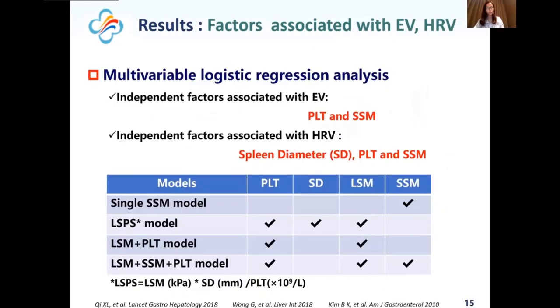In logistic regression analysis, we found that platelet and SSM were independent factors associated with varices, while spleen diameter, PLT, and SSM were independent factors associated with HRV. So we decided to build these 4 models, including the single SSM model, the LSPS model, the LSM plus PLT model, and the LSM, SSM plus PLT model.